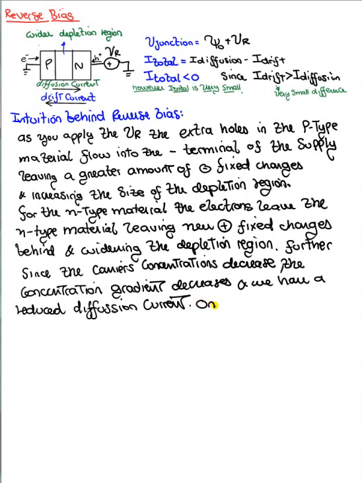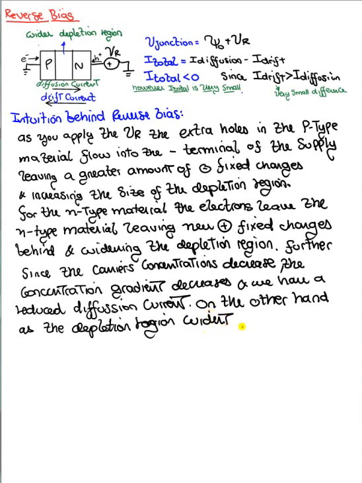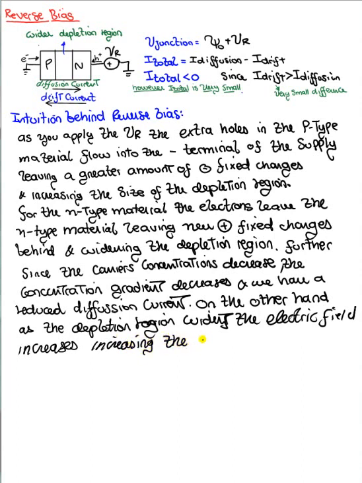On the other hand, as the depletion region widens, the electric field increases as well. The drift current is proportional to the electric field, and therefore the drift current increases by a small factor.